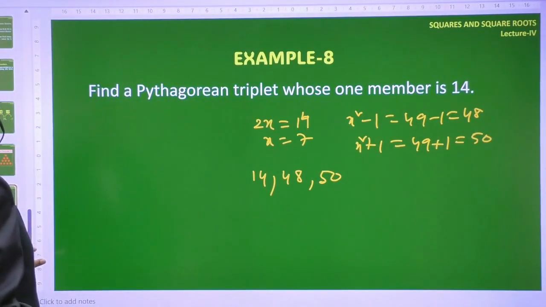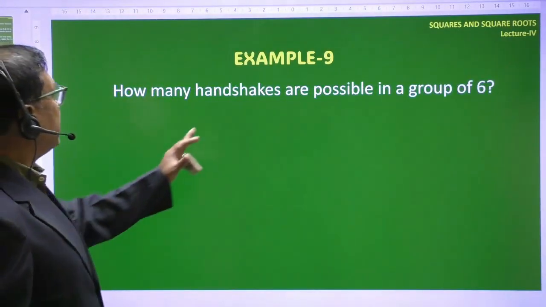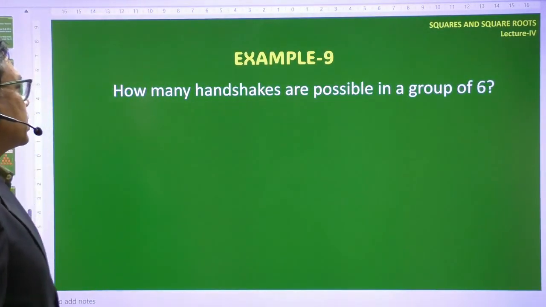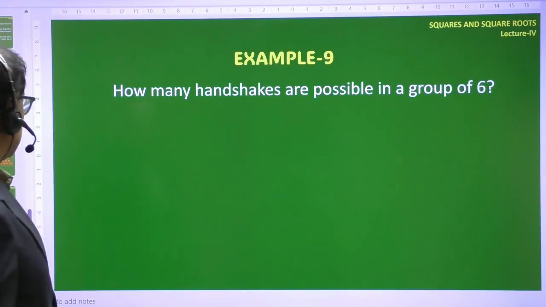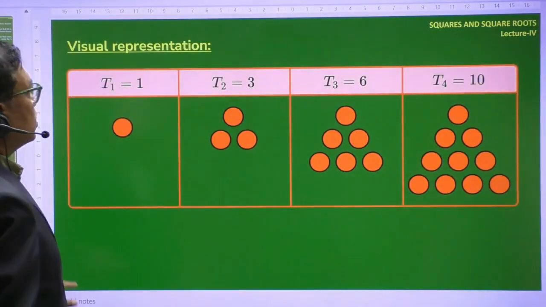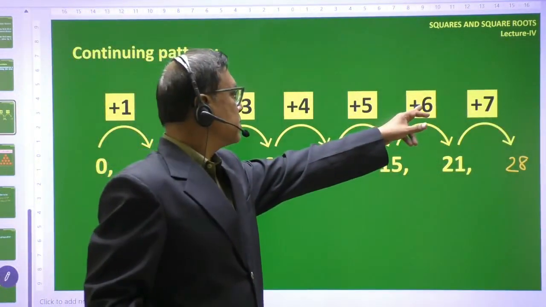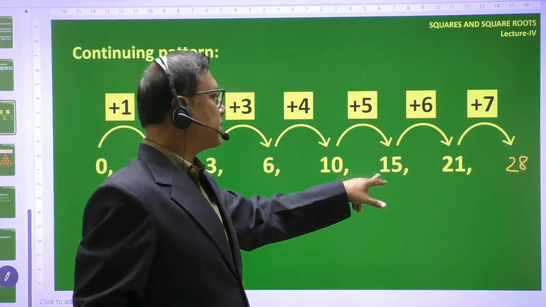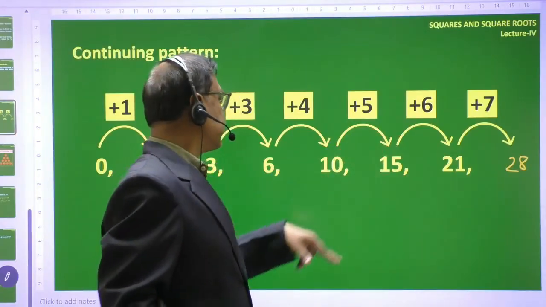Now, example number 9. How many handshakes are possible in a group of 6? Just now I have discussed. A group of 6 means the number of handshakes will be 15. From this triangular number pattern, easily you can find.